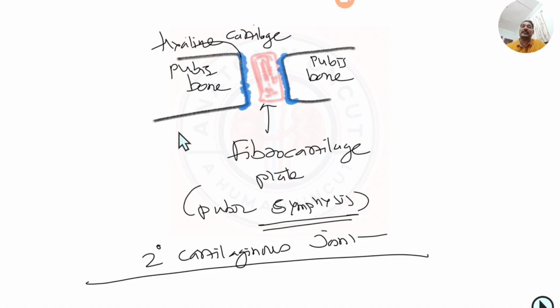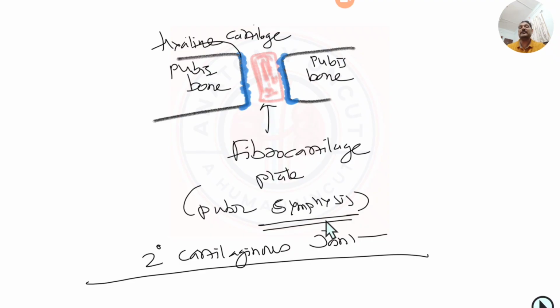Either you will have a hyaline cartilage or a fibrocartilage, which you see in this slide. If this kind of plate is there, it is known as a fibrocartilaginous joint or secondary cartilaginous joint, also called the symphyseal variety of joint. The pubic symphysis and the vertebral symphysis are all symphyseal varieties.